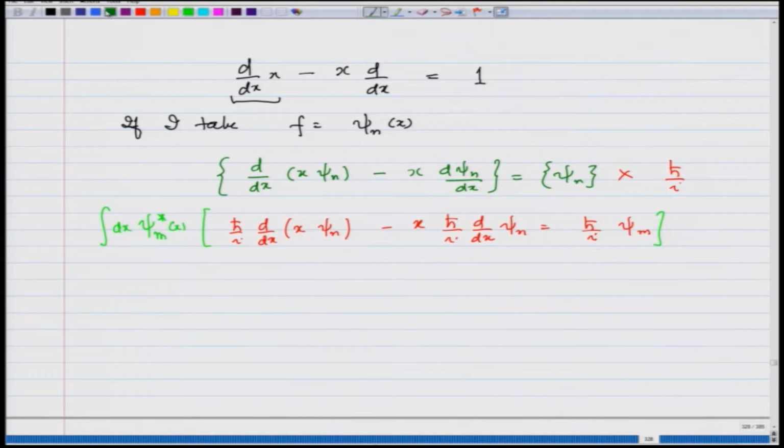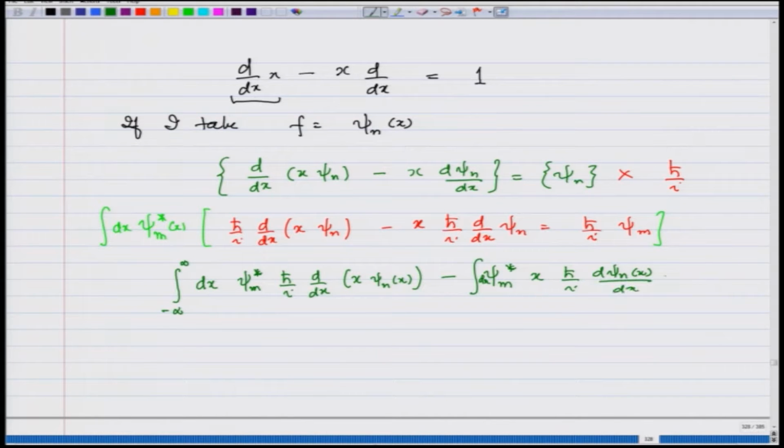So that I am going to get on the left hand side the integral from minus infinity to infinity dx psi m star h cross over I d by dx operating on x psi n x, minus the integral dx psi m star x h cross over I d psi n x by dx, is equal to h cross over I delta m n.